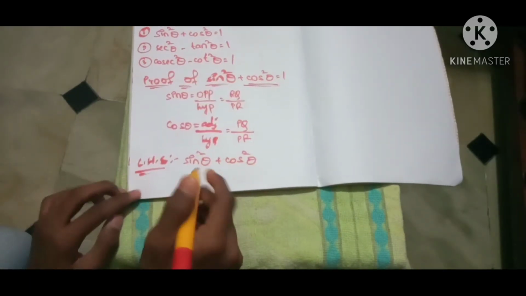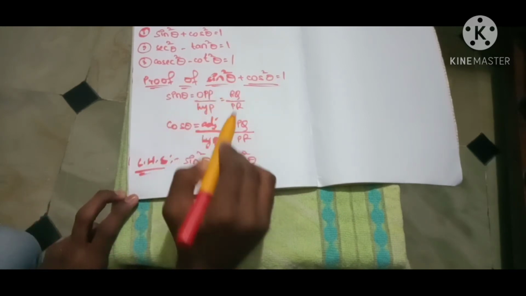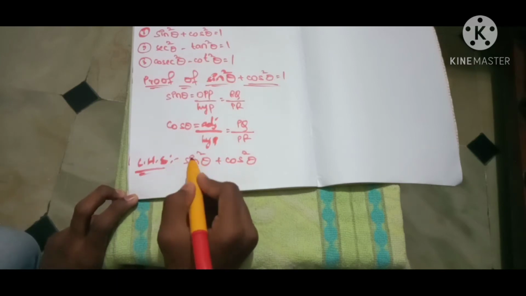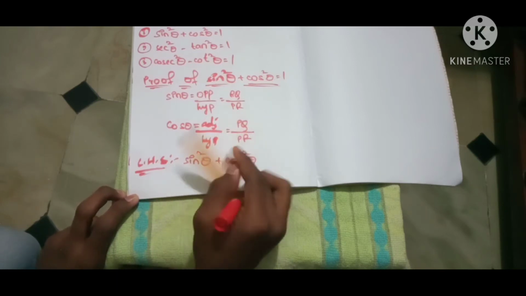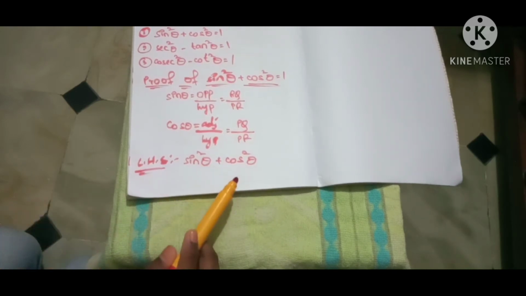Now sin square theta means, here I wrote sin theta is equal to RQ by PR. Sin square theta means RQ by PR whole square. Again cos square theta, PQ by PR whole square.